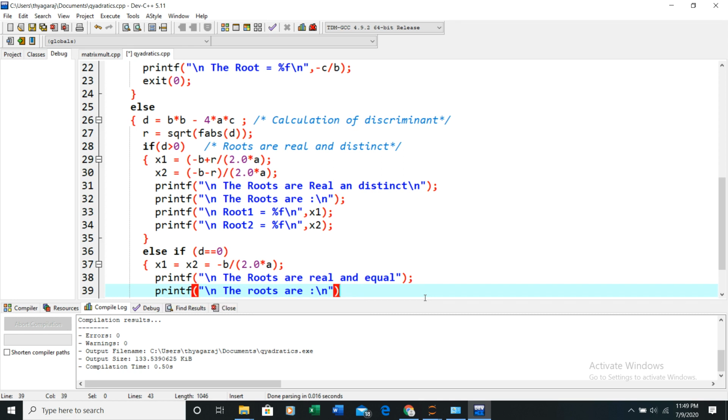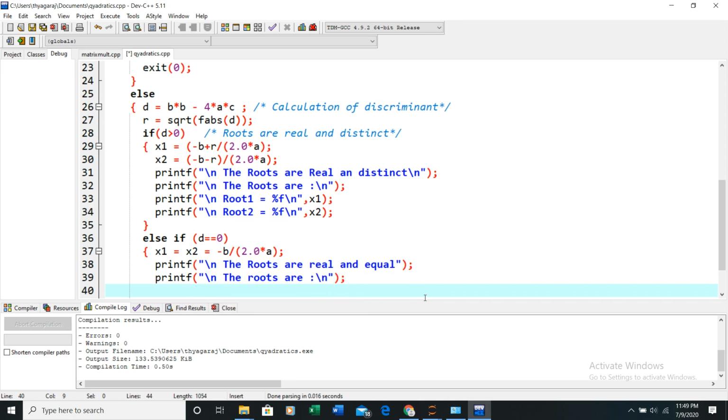Then printf slash n root 1 equal to root 2 equal to percentage f comma x1.